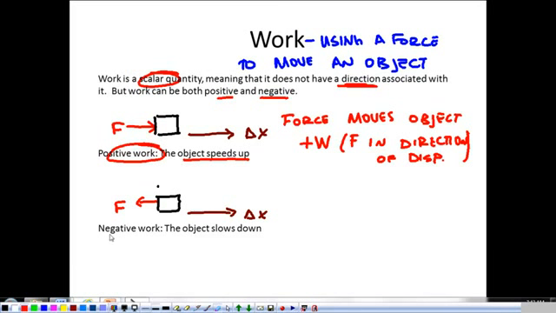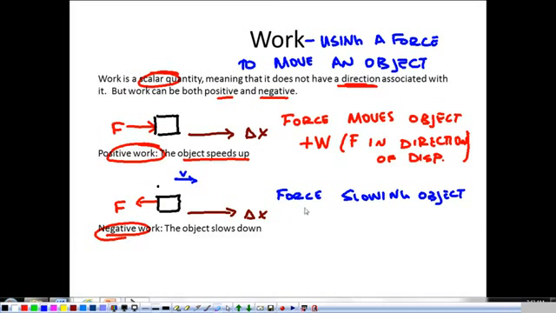Here we have negative work. With negative work, this force isn't helping me out. If I am moving forward, which means I have a forward velocity, and I apply a backwards force to it, we're slowing it down. The force is slowing my object. Well, that's the opposite of moving the object.